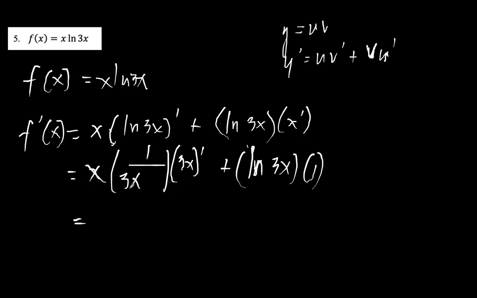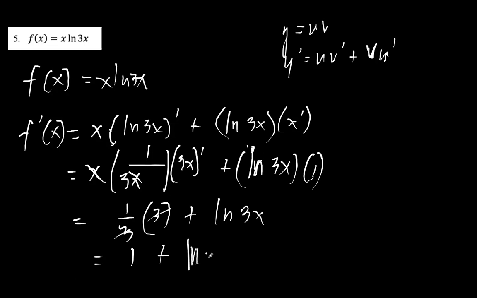And here, I can cancel out x. So this is 1 over 3 times the derivative of 3x, which is 3, plus ln 3x. So this is equal to 1 plus ln 3x. So this is our f prime of x. So that's how we solve these exponential and logarithmic functions. All right, and let's proceed.